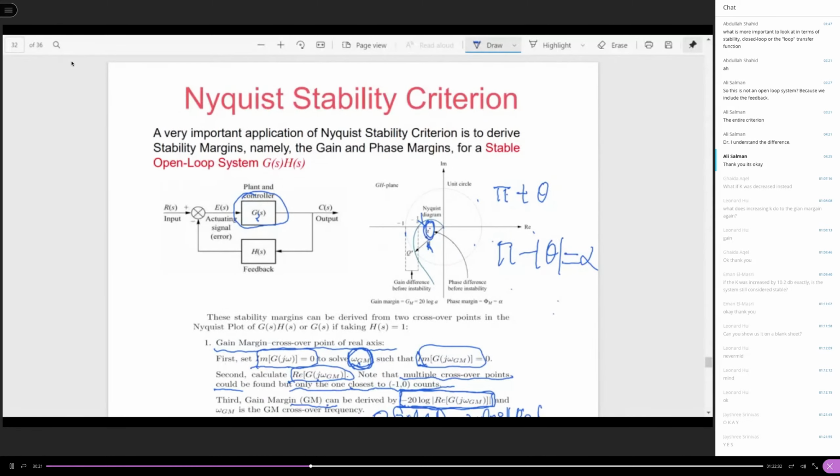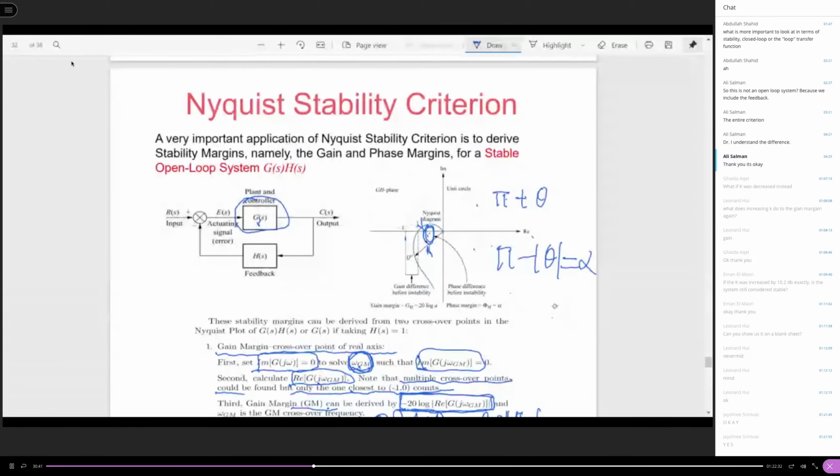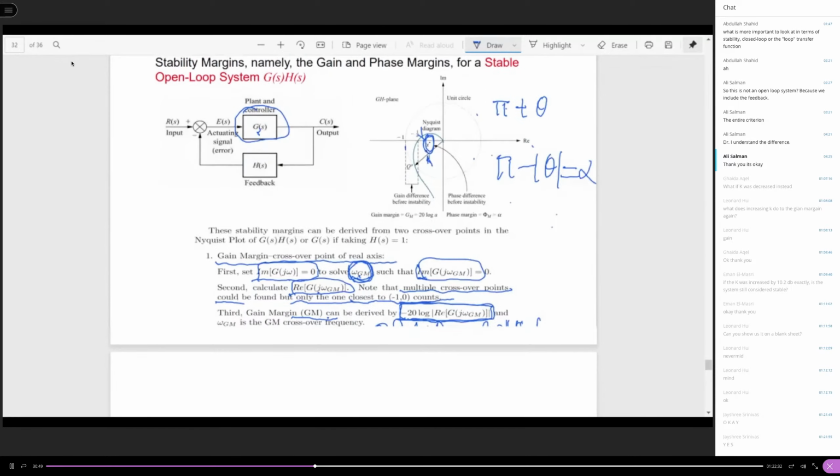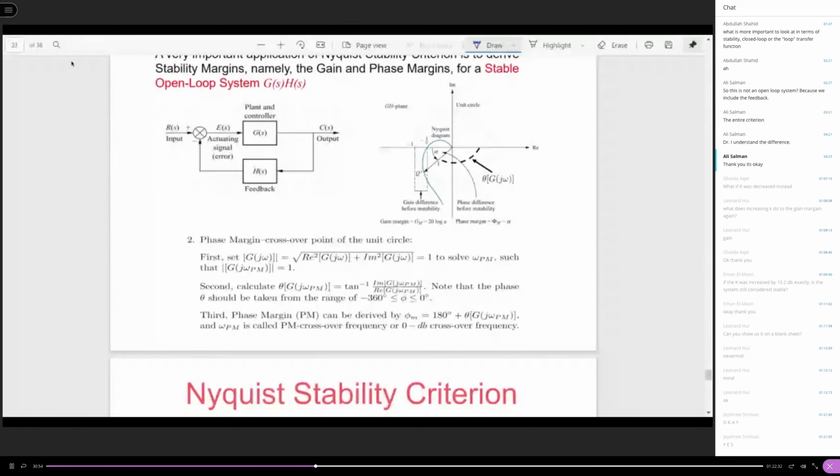This is how much, for this system, you can rotate it negatively. If you add more negative angle than alpha, then the system becomes unstable. So it is reasonable to define this alpha to be the phase margin.